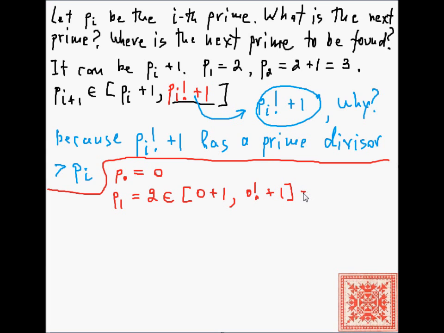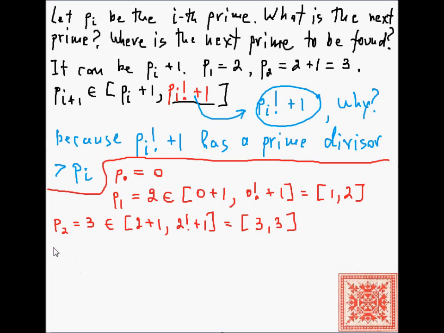And well, this range is 1 and 2, inclusive, so closed range, closed interval. The second prime can be found in the interval 2 plus 1, so the previous prime plus 1, and the upper bound is the factorial of the previous prime, which is 2, plus 1, so it's going to be between 3 and 3, and it is 3.